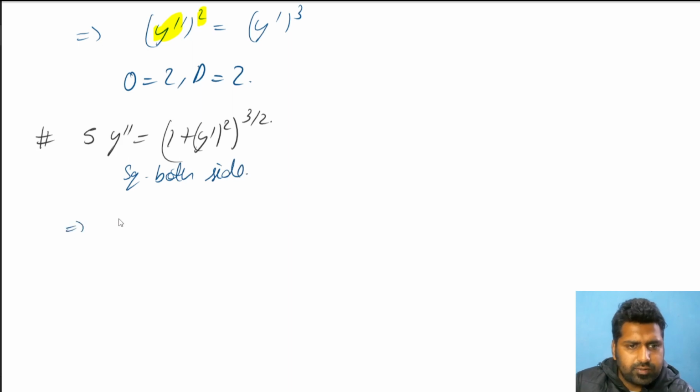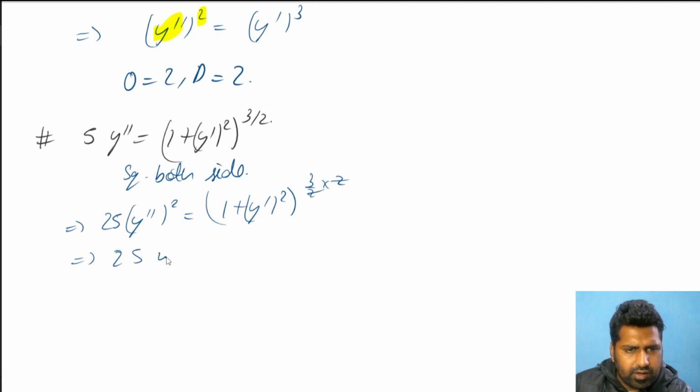So this becomes 5 square is 25, y double dash whole square is equal to 1 plus y dash square raised to power 3 by 2 into 2, power raised to power multiply. So this is 25 y double dash square is equal to 1 plus y dash square power 3.